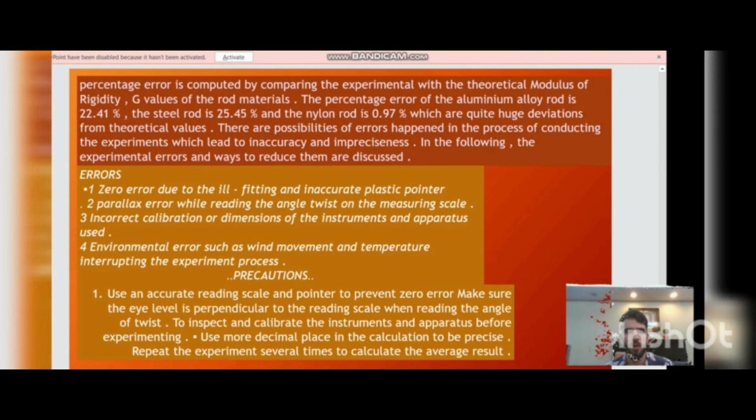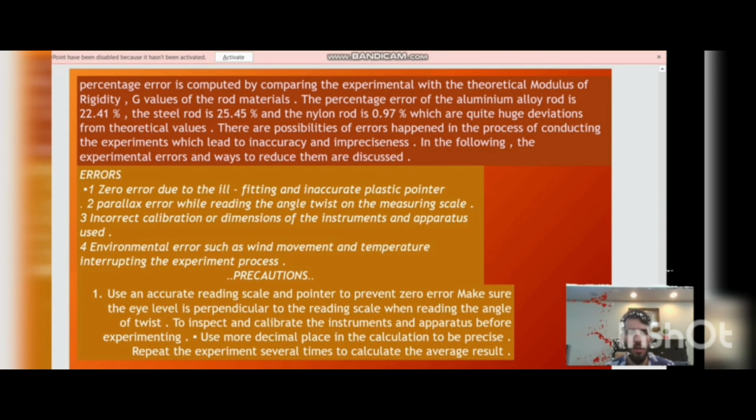From the theoretical values, there is a possibility of errors happening in the process of conducting the experiments, which lead the answer to lose accuracy and preciseness. Following are the experimental errors and ways to reduce them.